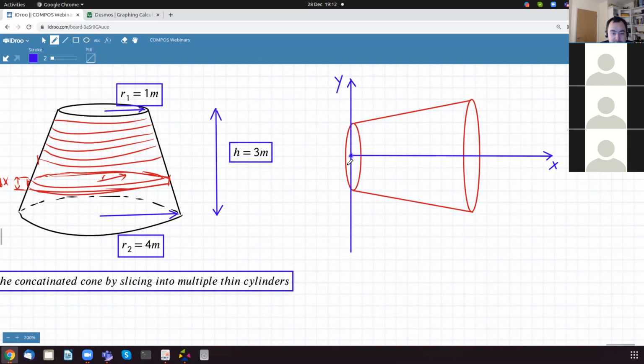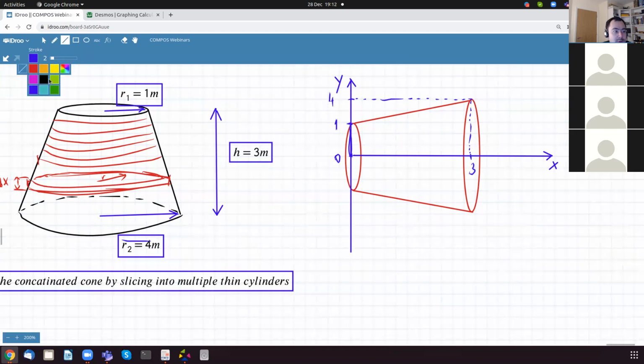And so this is 0. This is 1. This is 4, because that's the radius of this one. That's 4, because that's this bit. And then we have this bit. This is 3 on the x-axis.